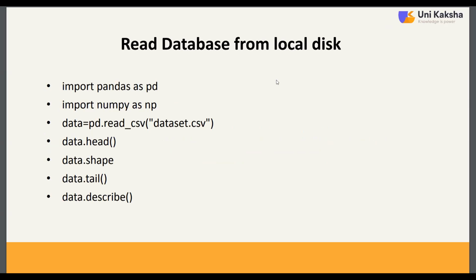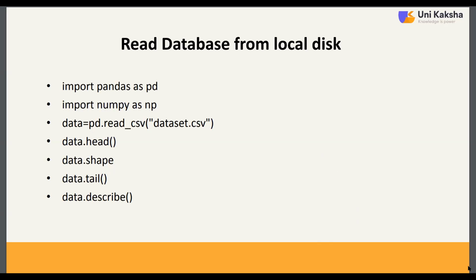The syntax to read the data set from the local disk or from the cloud is pd.read_csv. Here pd stands for the object for pandas, and read_csv will import the CSV file format from the cloud.